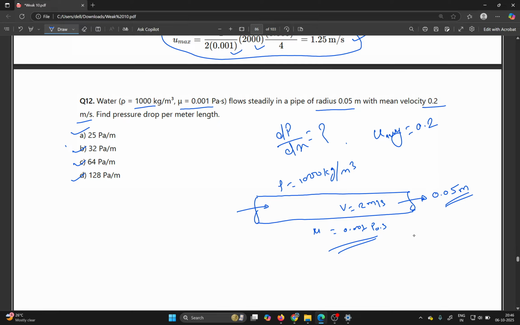So the pressure drop you need to calculate. For that you have some relation for del P by del X.